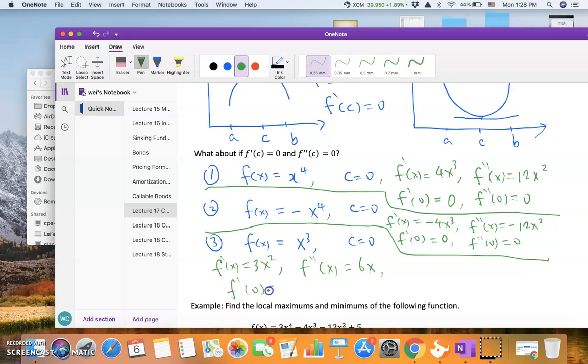And when x is 0, the first derivative is 0 and the second derivative is 0. Okay, now we can see for these three different functions, when c is 0, both the first derivative and the second derivative are 0.